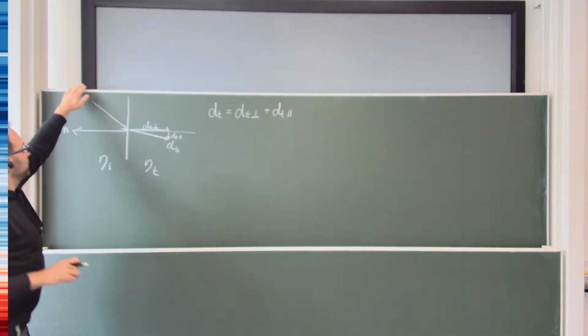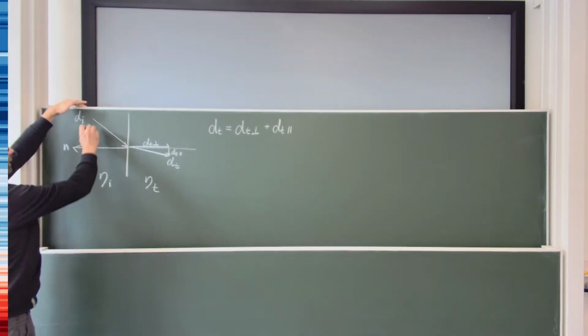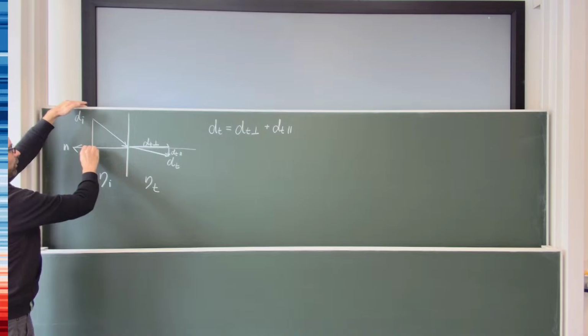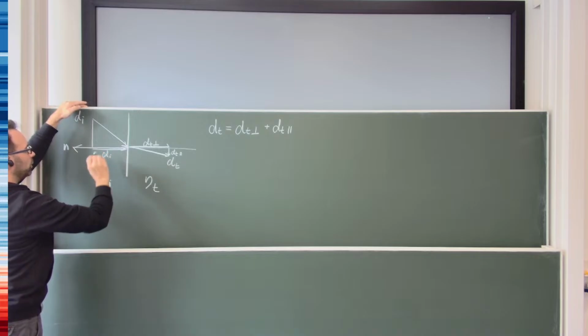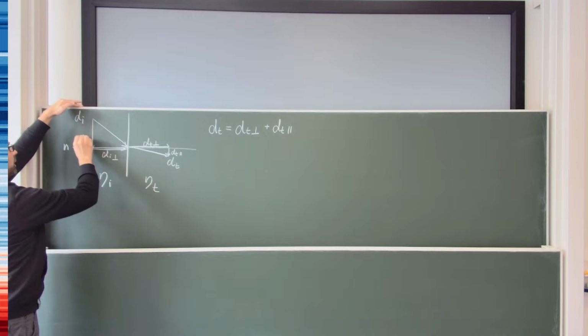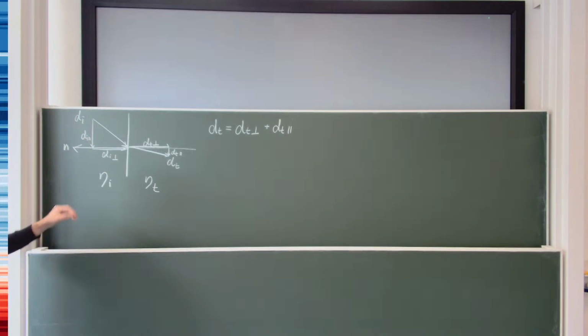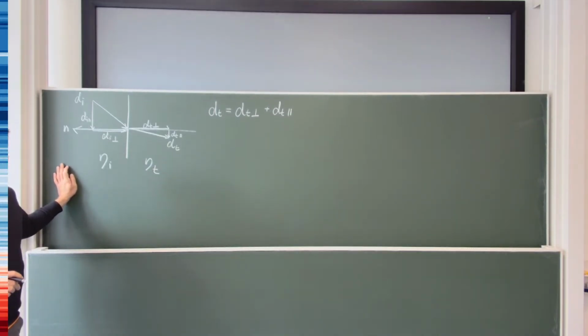And we can do the same for di. We have a component of di that is orthogonal to the surface and a component of di that is parallel to the surface. Okay?